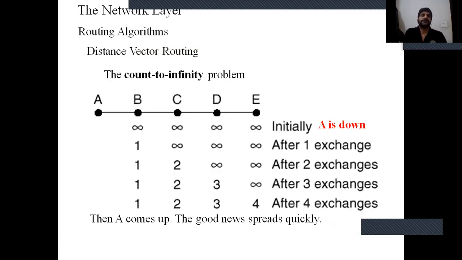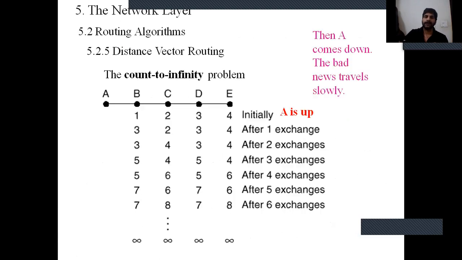Now distance vector count to infinity. Routers A, B, C, D are initially all infinity. After one exchange the values are 1, 2, 3, 4 after four exchanges. When A comes up, the good news spreads quickly.